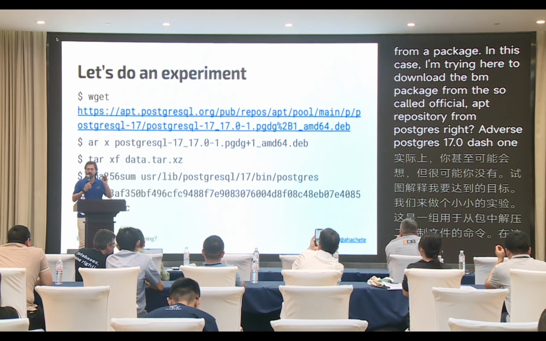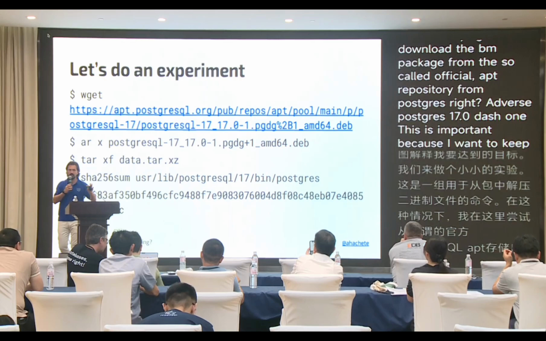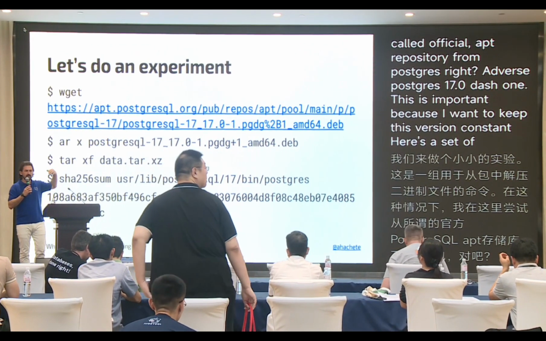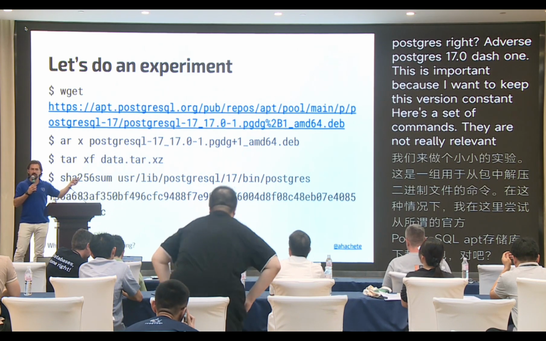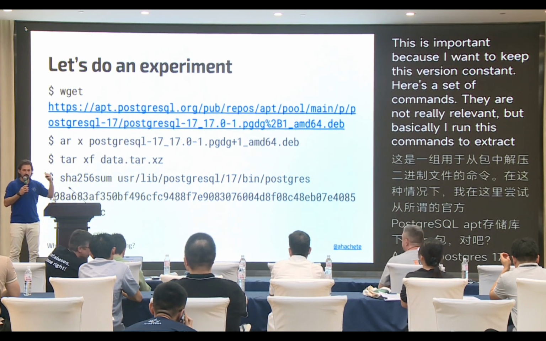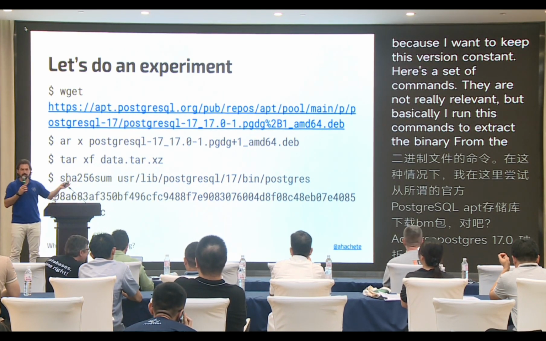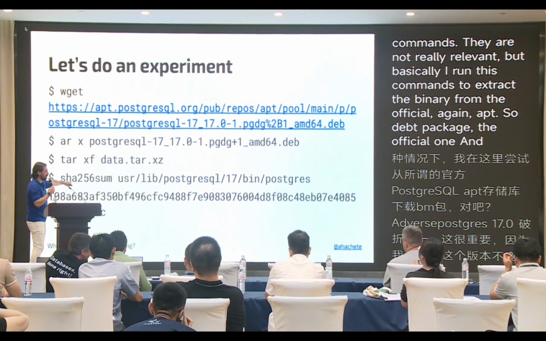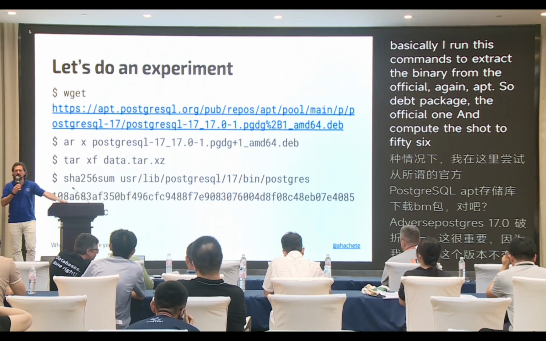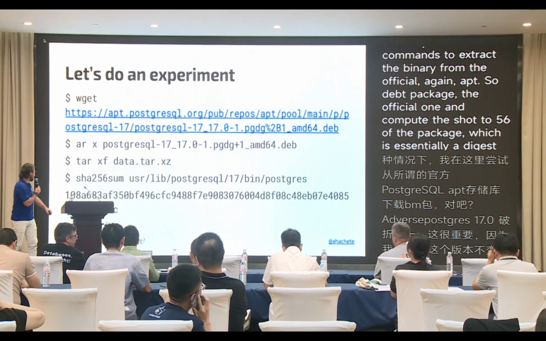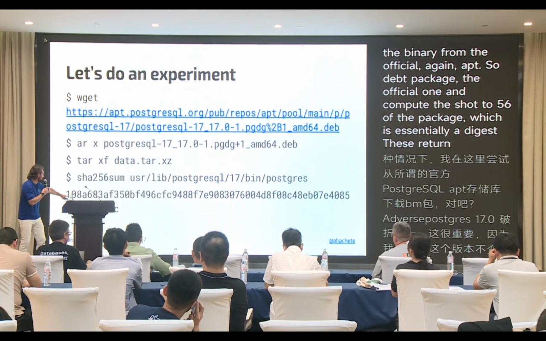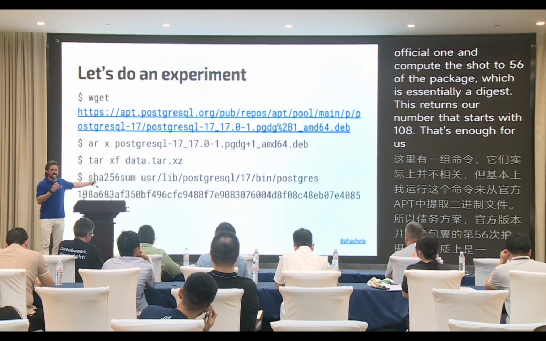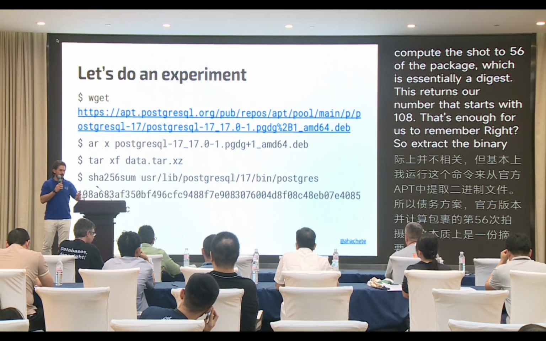This is important because I want to keep this version constant. I run these commands to extract the binary from the official apt .deb package and compute the SHA-256 of it, which is essentially a digest. This returns a number that starts with 108. That's enough for us to remember, right? So extract the binary, run a digest, and get a number.